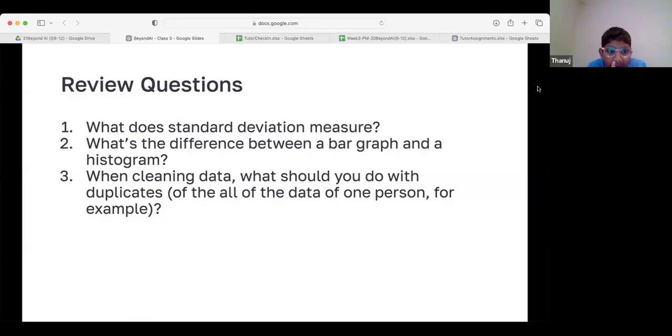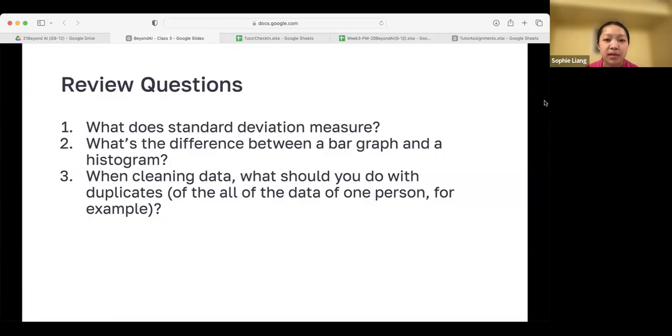A bar graph. Wait, I actually don't know this. It's okay. Do you want to take a guess? Okay. A bar graph displays. I don't know. I have no idea. I don't know what to say, even if I want to guess. That's all right. Thank you for trying though.